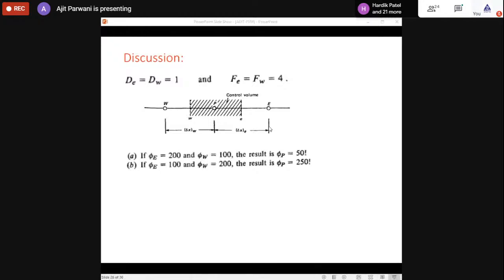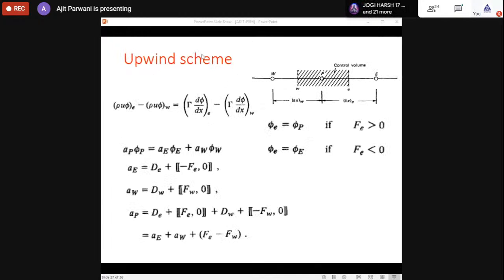So if we do not use this scheme, then what are the other schemes? The other scheme is called the upwind scheme. So this second scheme is the upwind scheme. In this scheme, we will choose the upwind variable. What does it mean?